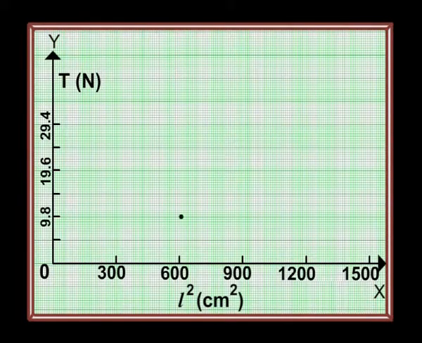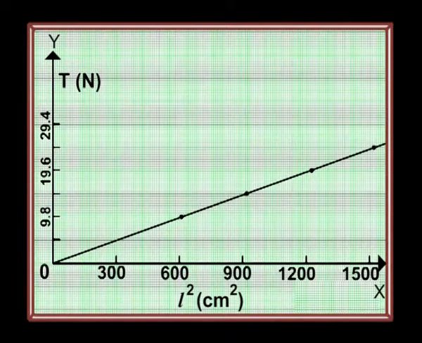As you plot the corresponding points and join them, the graph must appear as a straight line.